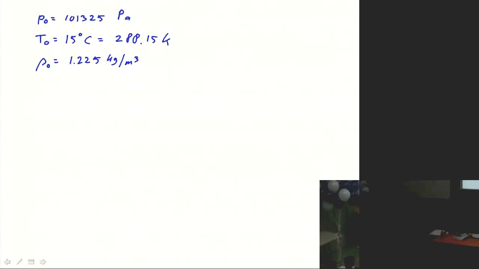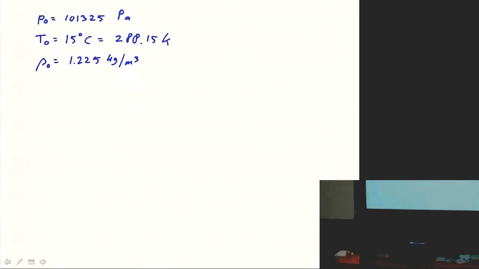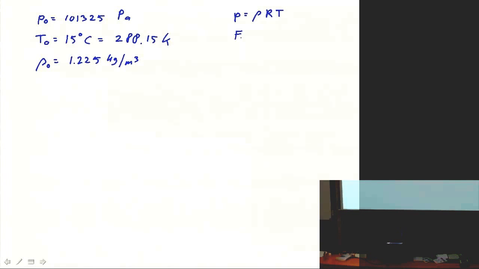And then we need to know what happens when you go up. Well, there are two laws that we need to take into account. We have P = rho R T, and we have the gravity force, which is m times g.